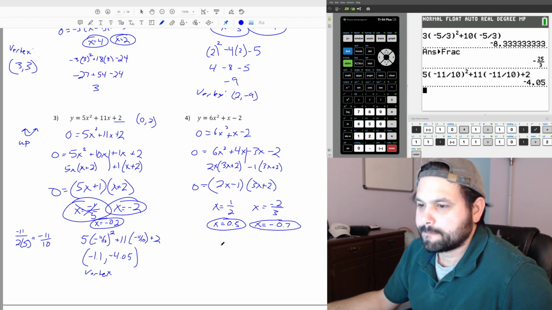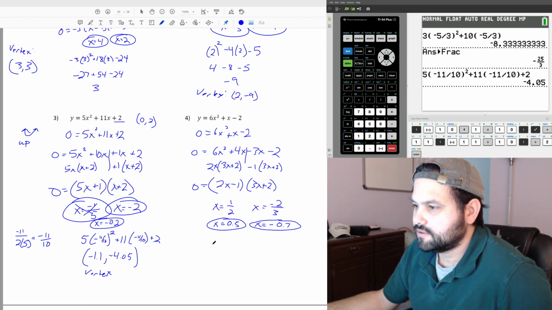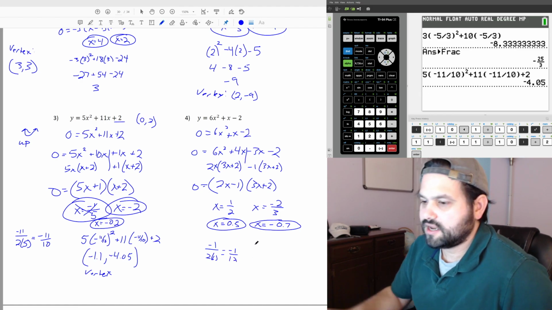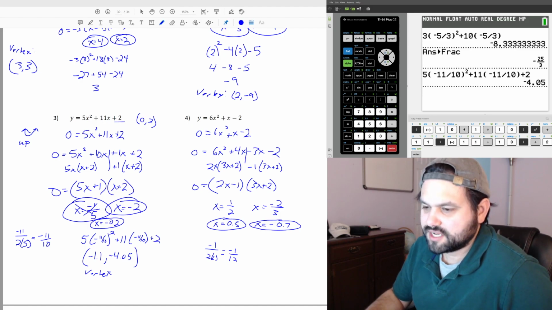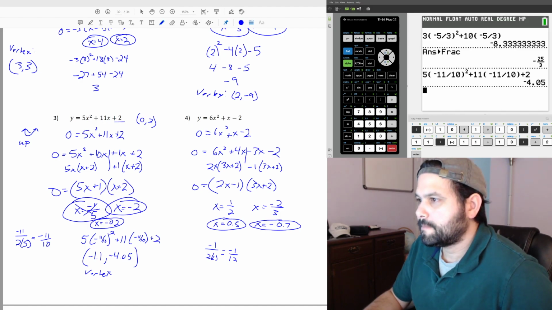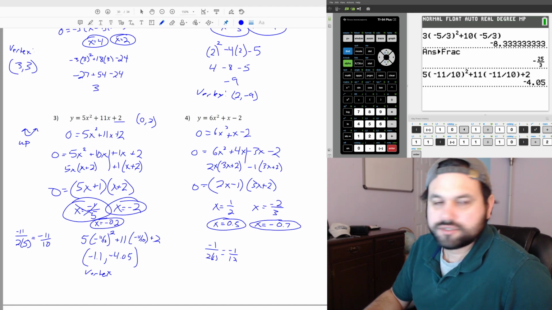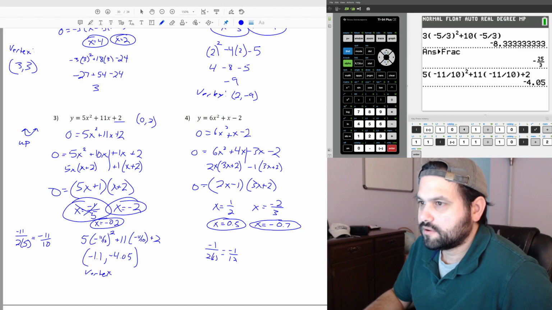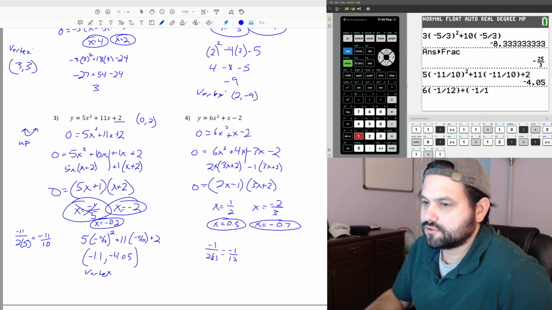All right, vertex: negative b over 2a gives me negative 1/12, and then plugging negative 1/12 into the function, I'm going to save some time here and just plug it in. So negative 1/12, 6 times parentheses negative 1/12 squared plus negative 1/12 minus 2.